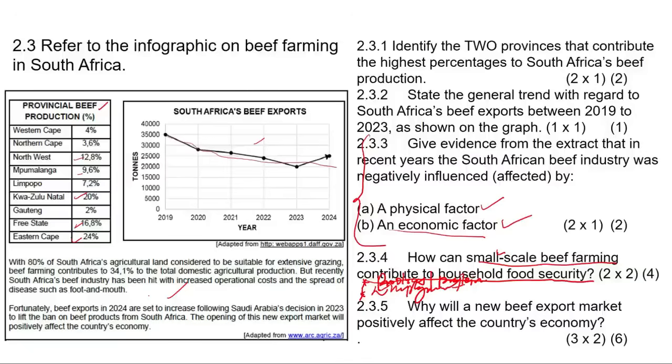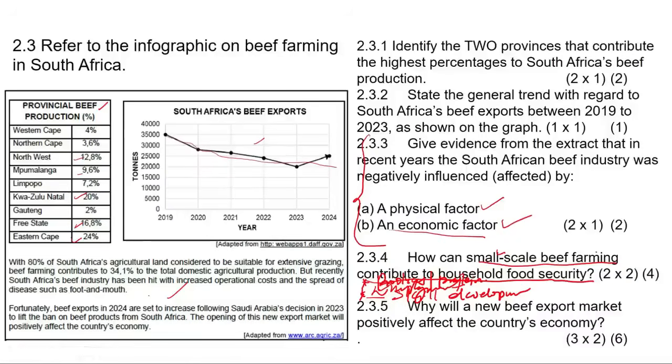So if there is employment, then people can afford food. And then again, beef farming is going to ensure that there is skill development. Now, if people have skills, people are able to work. And if people are able to work, people are able to buy food for themselves. So that is the importance.